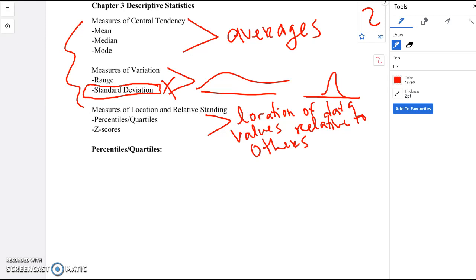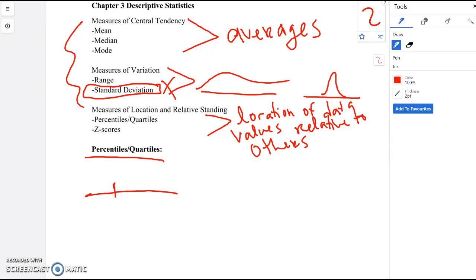So where is this particular value? One way that we can describe it is with percentiles and quartiles. Most of you have maybe seen or heard of a percentile. What does it mean to be the 30th percentile, for example? Let's assume these are all the values.